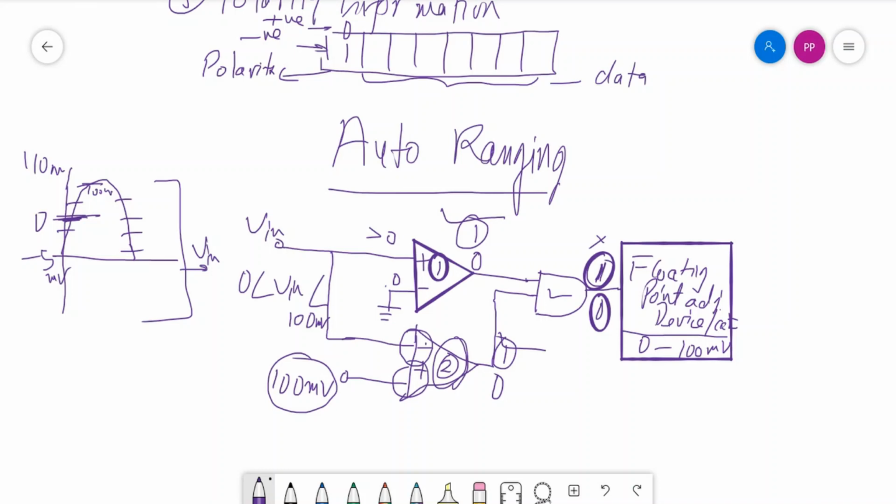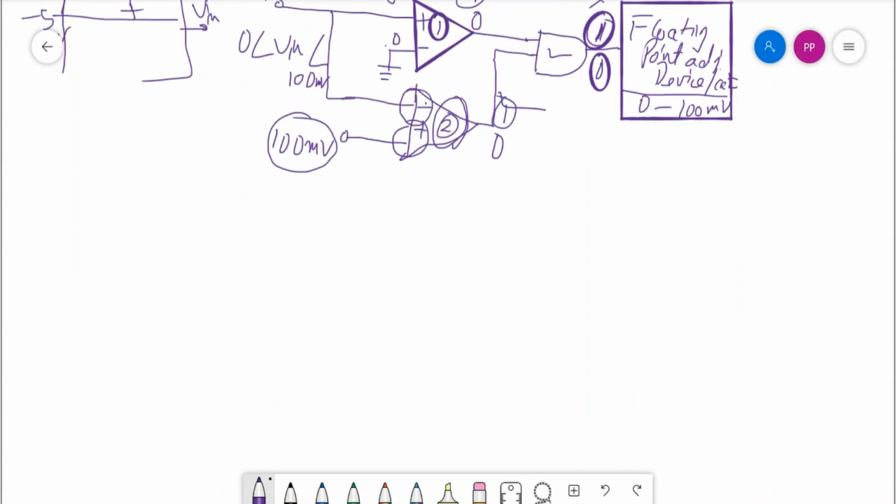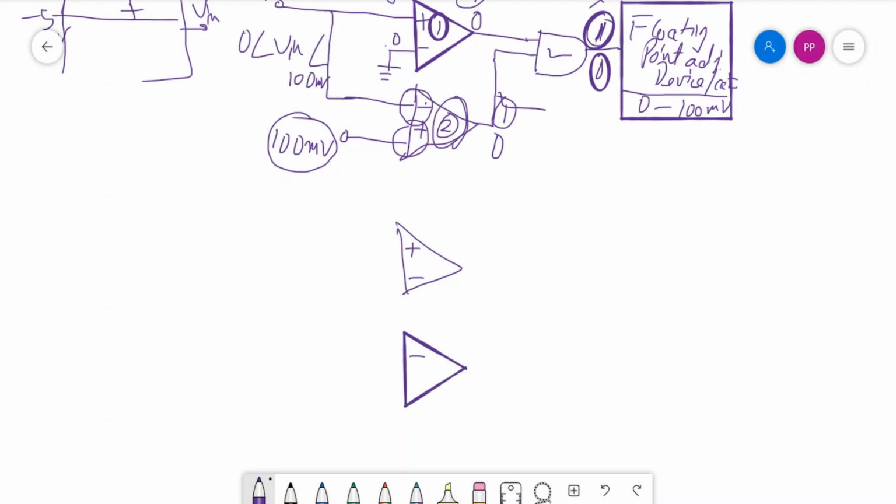Suppose I want to develop a circuit for 100 millivolt to 1 volt. So the same way we can draw it. We have the first op amp, this is plus, this is minus, and for the second op amp it will be minus and plus.